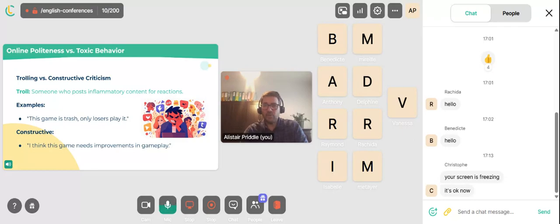Now, a troll is someone who posts inflammatory content for reactions. Example: "This game is trash, only losers play it." That's an example of trolling, but constructive would be more like, "I think this game needs improvements in gameplay." So there's a slight nuance, a difference there.